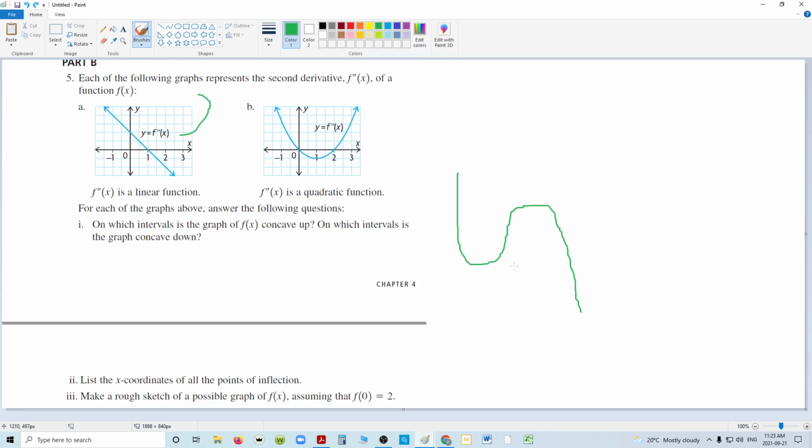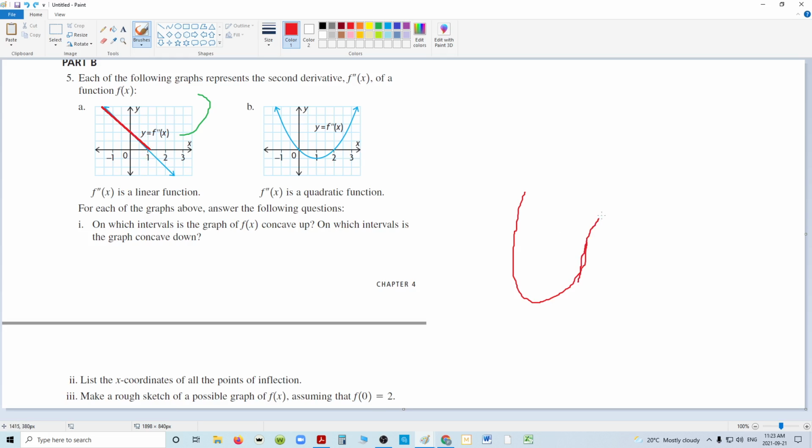So let's go back and learn what this means. If you look at the part I'm highlighting in red, it's clear that the double derivative here is positive, right? What does a positive double derivative mean? It means that entire part is concave up. And what does it mean when the double derivative is 0?